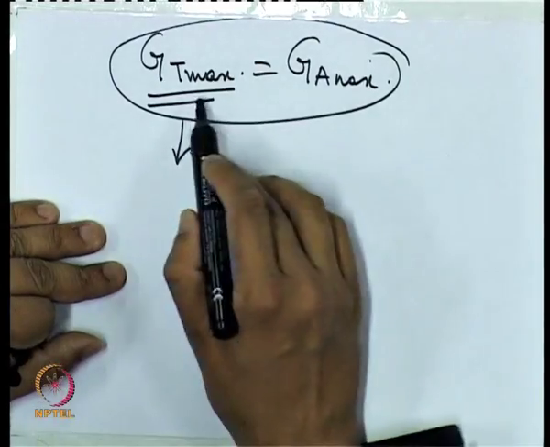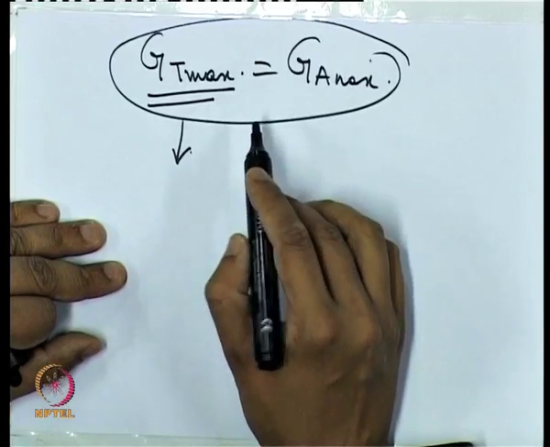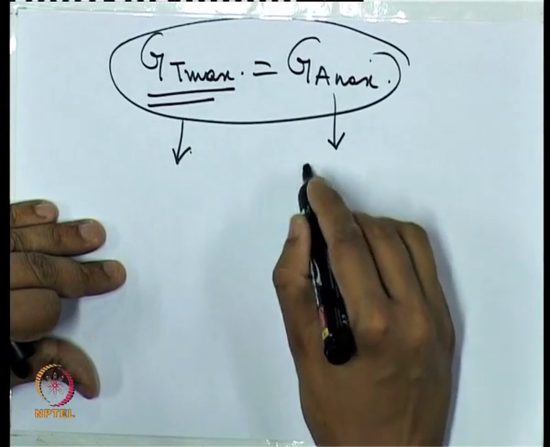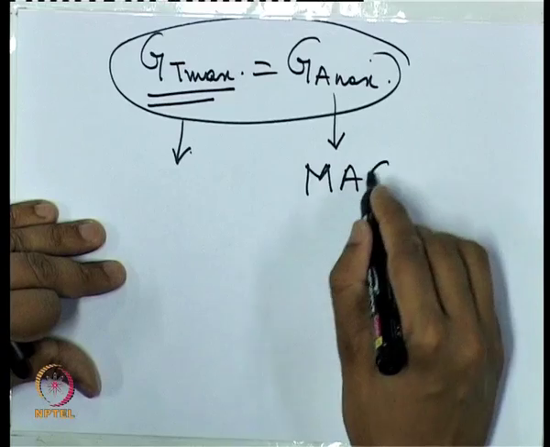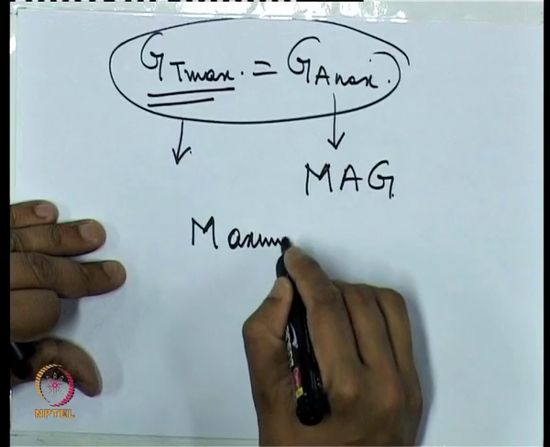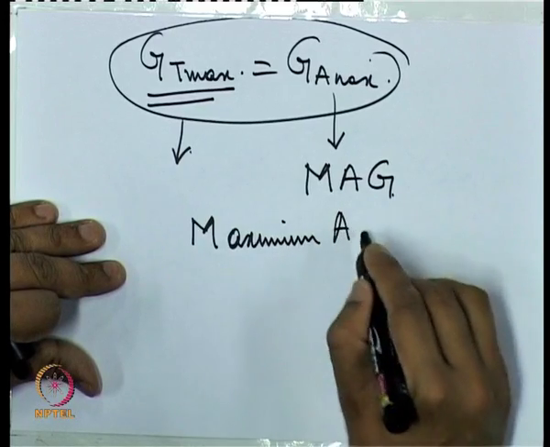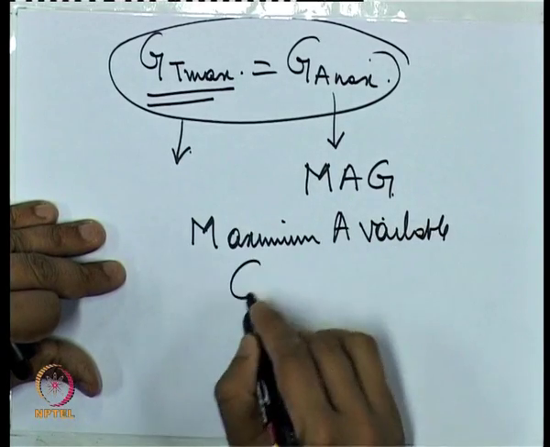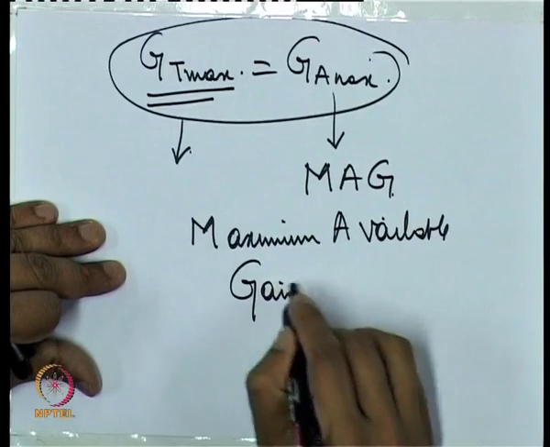This GA max will be a specification that is given with the device. This is also known by the term MAG, that is maximum available gain.